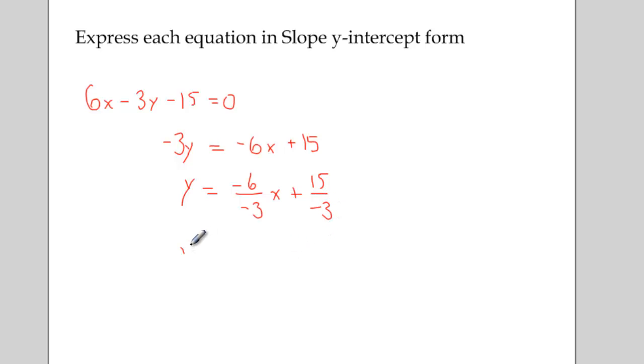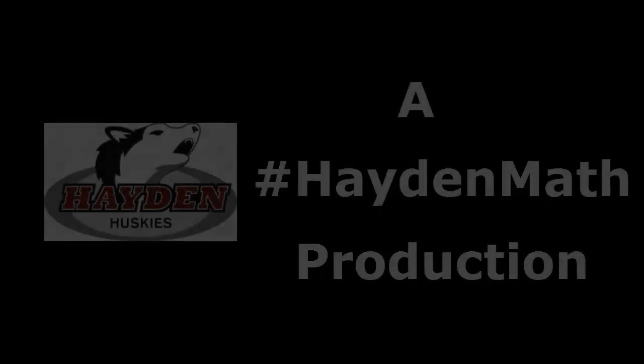I can do some simplification. Negative 6 divided by negative 3 is positive 2x. Take away 5. So I couldn't really tell what my slope or y-intercept would be by looking at the standard form equation, but by rearranging it, I can see my slope is 2 and my y-intercept is negative 5.